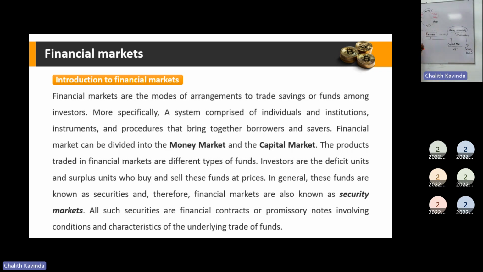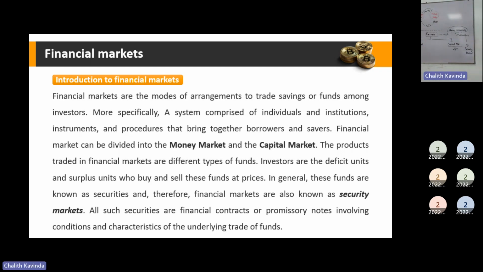So these financial markets are also known as security market. And all these transactions, all these are agreements, right? So if you purchase a table, it's an agreement. If you purchase a treasury bond, it's an agreement. If you purchase a share, it's an agreement, right?